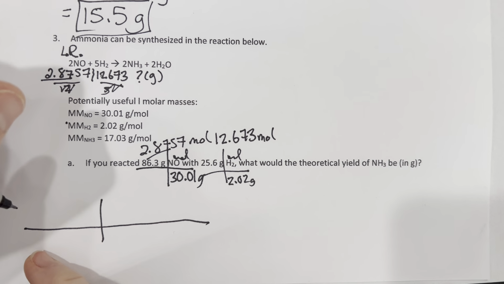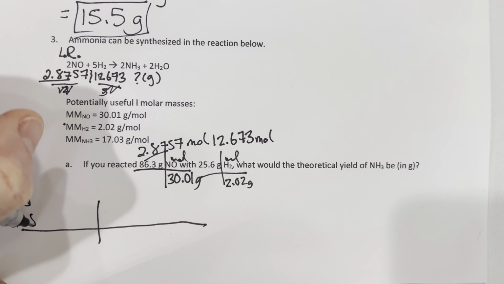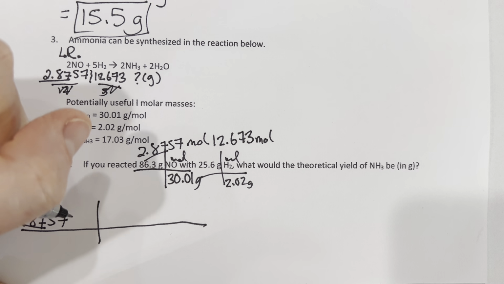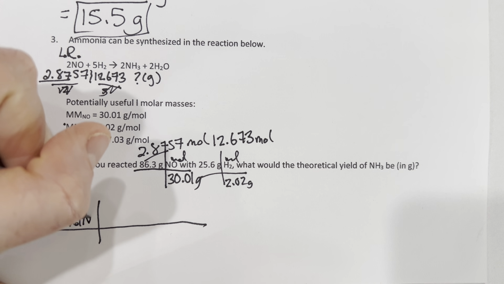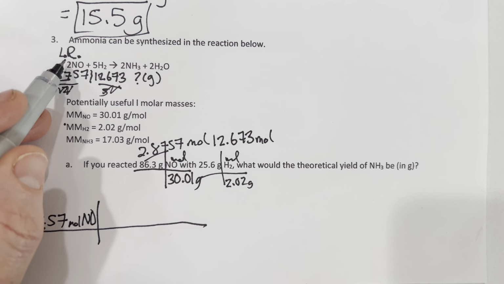I know my limiting reactant amount has to go here. So I've got 2.8757, and that's mole of NO. If that's mole of NO, we know mole of NO has to go down here, but it's got a 2 with it.